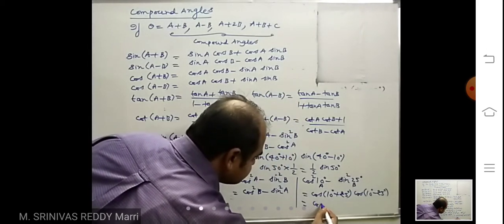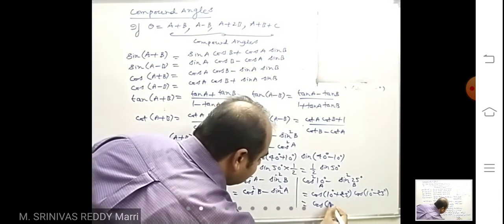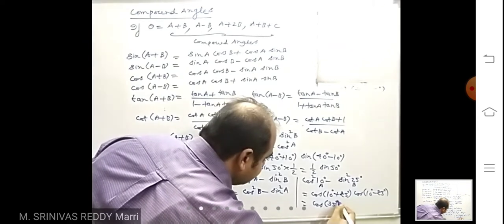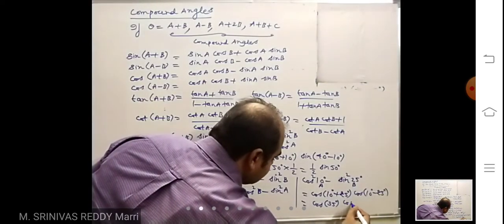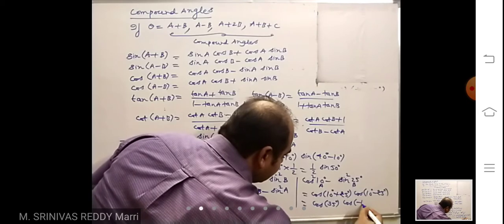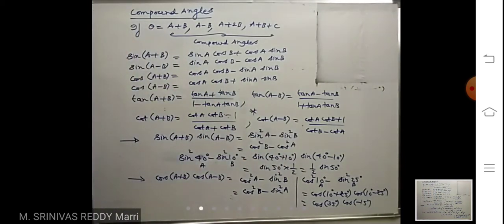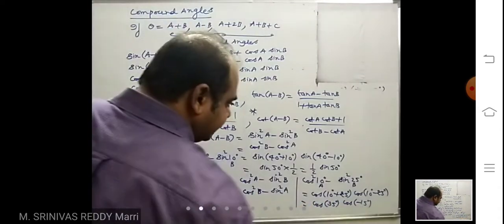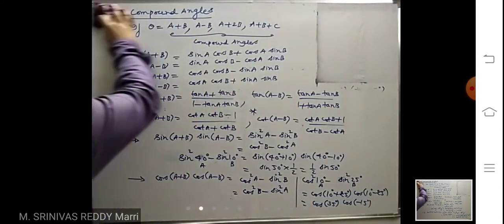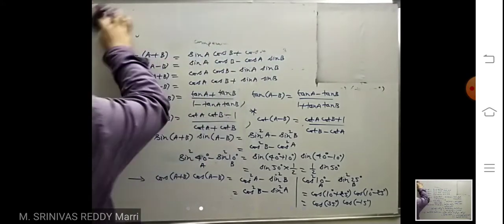That means this is cos of 35 into cos of minus 15. So like that, it will be converted into two cosines.